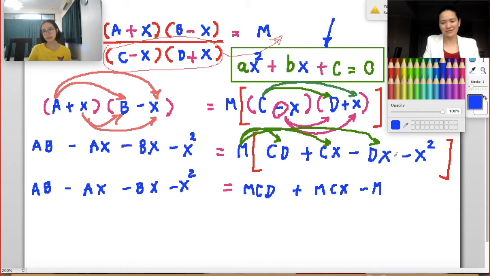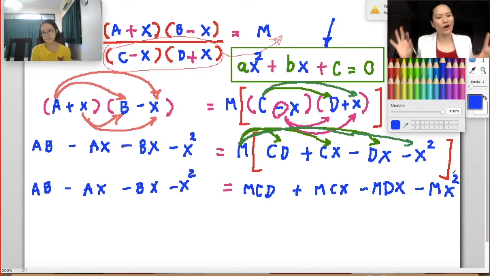Multiply M with negative DX, you're going to get negative MDX. What else? X, yeah, correct. Last one, you multiply M with negative X squared, what are you going to get? Negative MX squared. Good job.